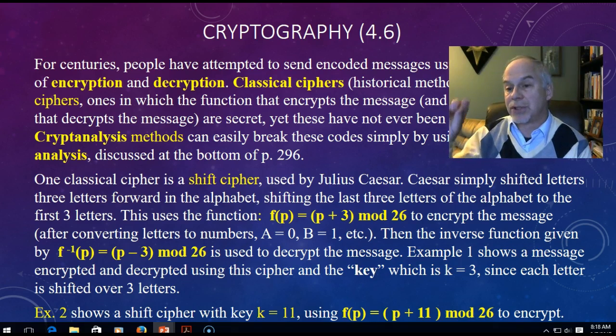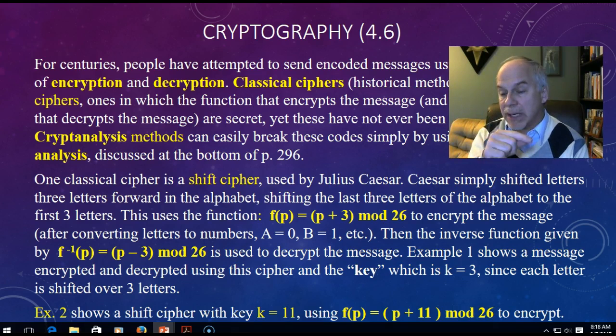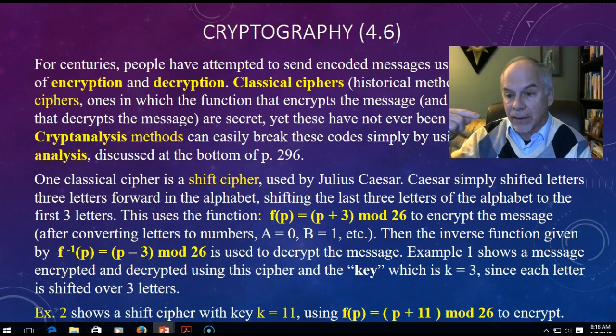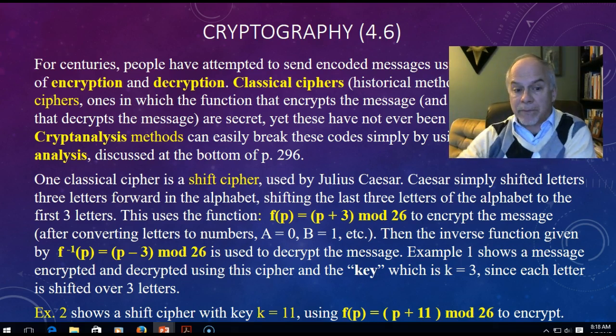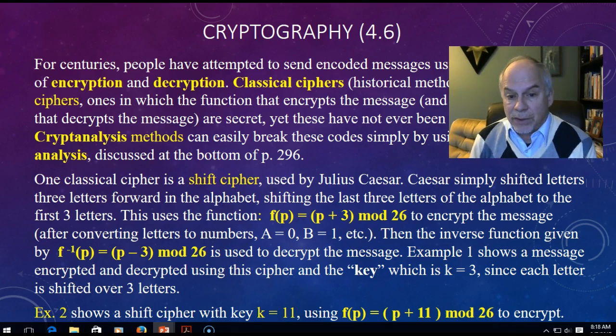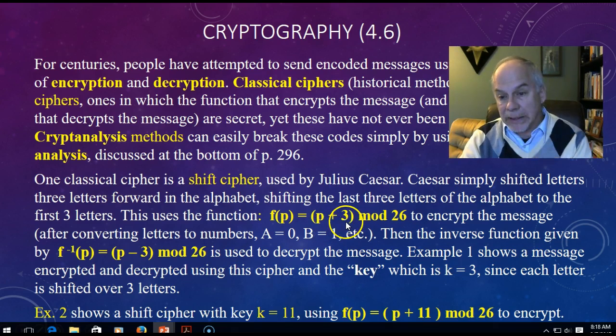So X was shifted to the letter A, Y was shifted to the letter B, and Z was shifted to the letter C. It used the function f of p equals p plus 3 mod 26.